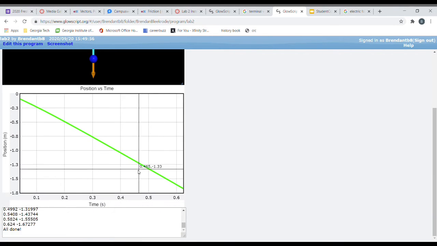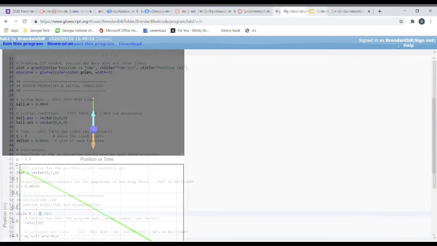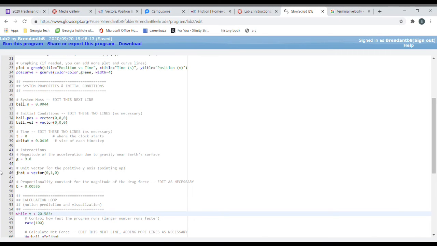And in terms of the terminal velocity, the model with the drag includes a terminal velocity, and if you throw the object straight down, it doesn't change the terminal velocity.